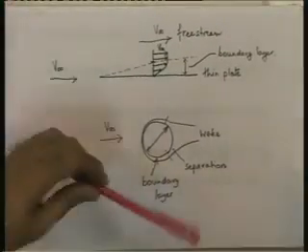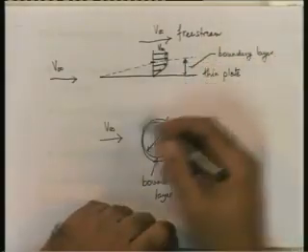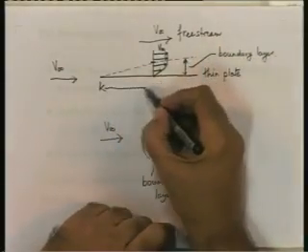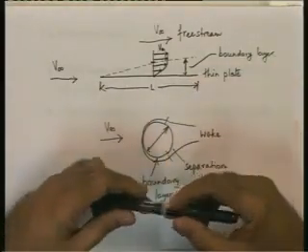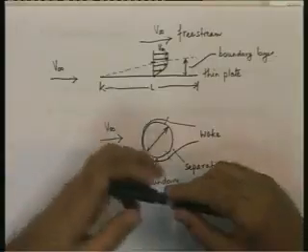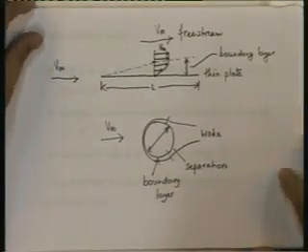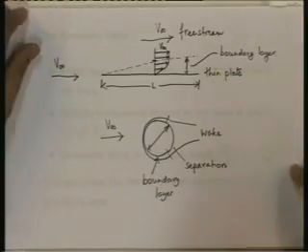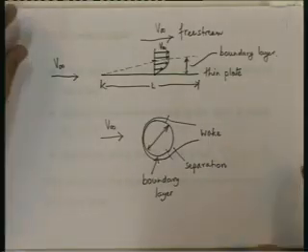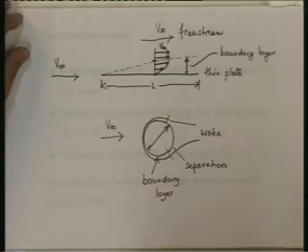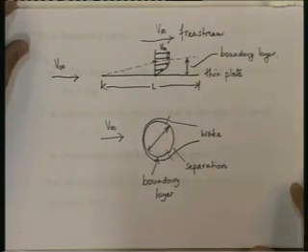Looking back here, we expect this thickness of the boundary layer to be much smaller than the length of the plate. If the length of the plate is of the order of a meter, the thickness of the boundary layer is likely to be of the order of a millimeter or so. On large bodies like an aircraft wing with a width of maybe a few meters, the boundary layer will be perhaps of the order of a few millimeters or a few centimeters.